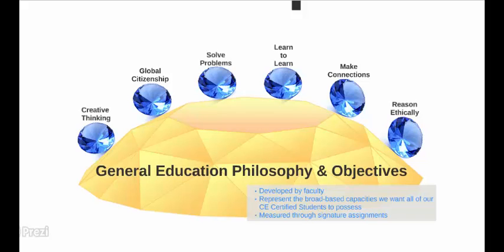These are the broad-based capacities that we want our students to possess and constitute outcomes that are greater than the sum of their parts. The GE objectives of creative thinking, global citizenship, solve problems, learn to learn, make connections, and reason ethically outline the outcomes necessary to support our students in alignment to our philosophy.